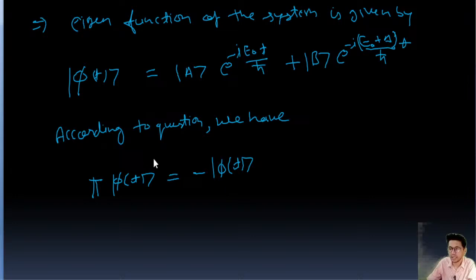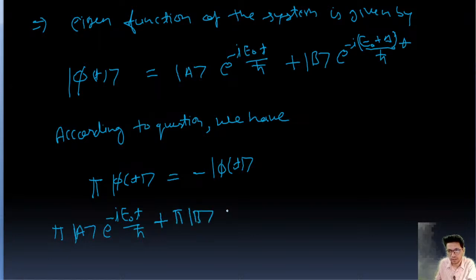Or we can write, a very important thing, guys, here pi, the parity operator, acting on A e to the power minus i E naught t upon h cut plus pi B e to the power minus i E naught plus delta t upon h cut.